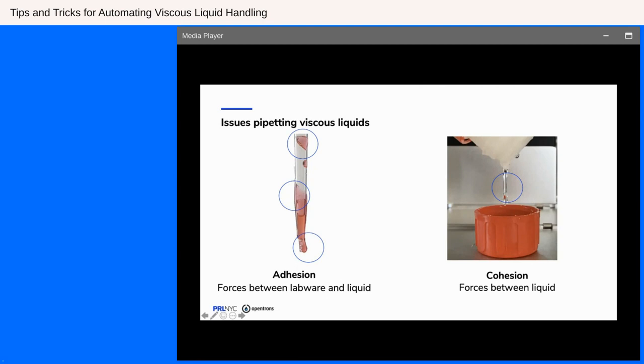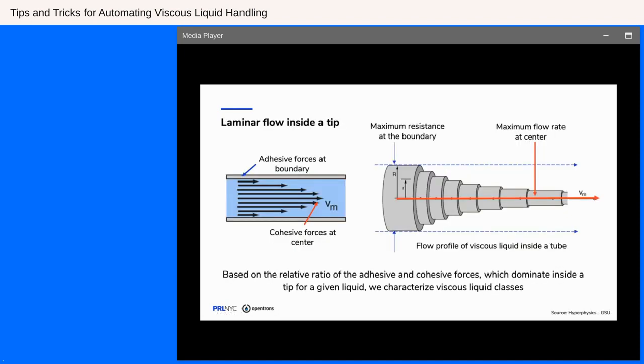On the right-hand side is glycerol being poured into a bottle cap. The forces holding the glycerol together are intermolecular forces, and the bonds which hold glycerol together are known as cohesive forces. We'll be using these concepts further in the presentation.